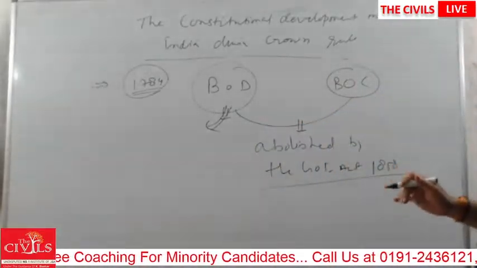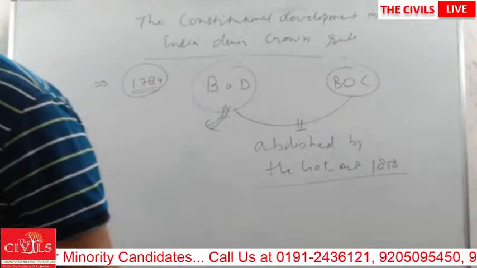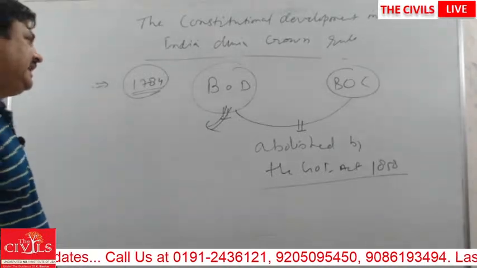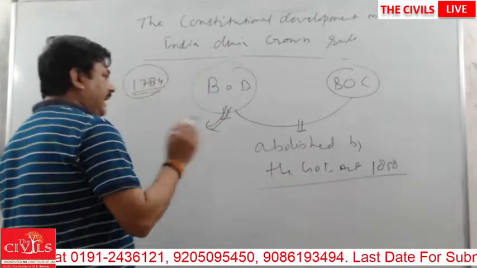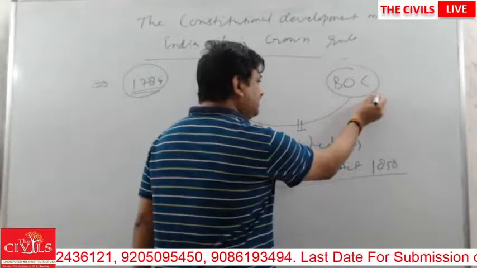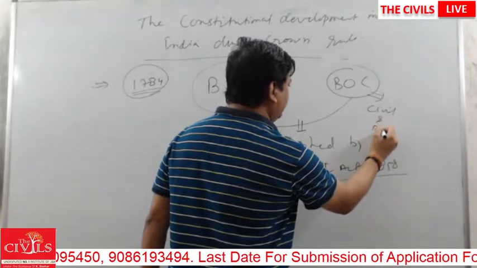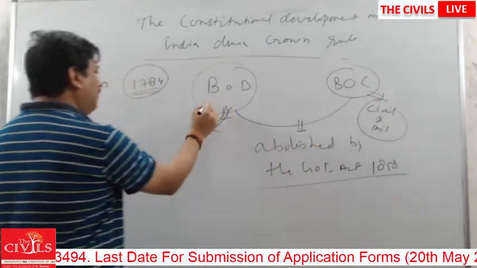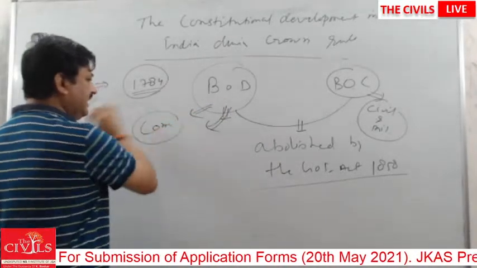Okay, now go through the Pitt's India Act 1784. By this act the Board of Control was formed with 6 members. The civil and military administration was in the hand of the Board of Control, and the Board of Directors had control over the commercial administration of the East India Company.